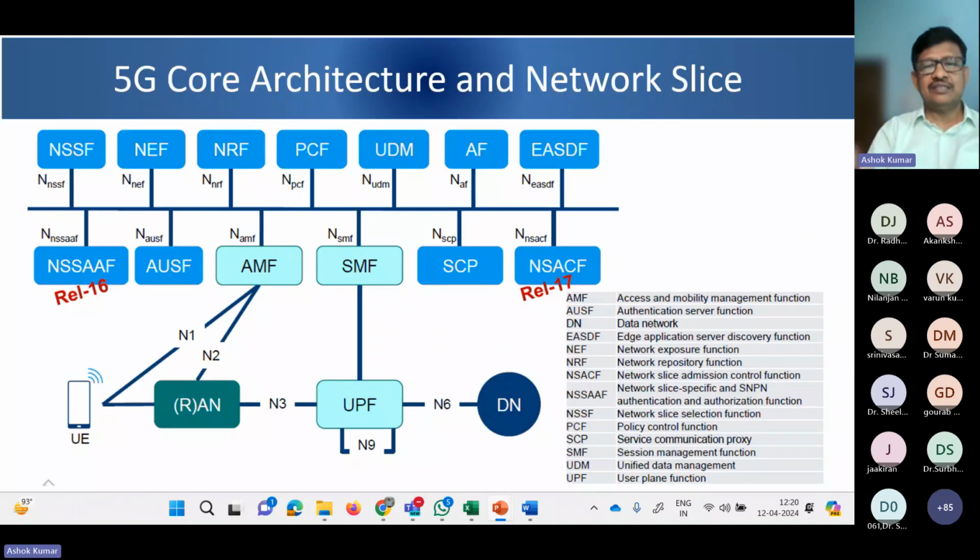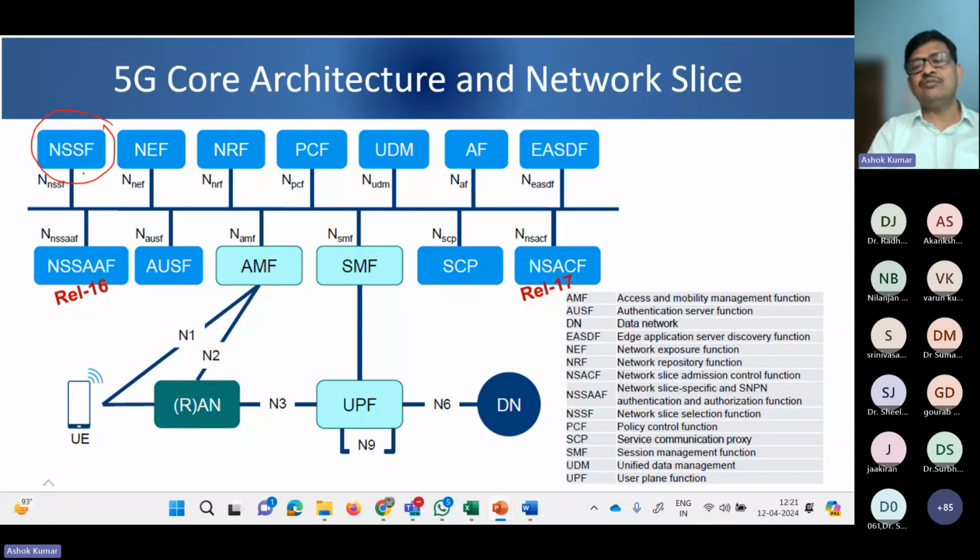Now let's look at which specific network functions support the network slice concept. In this picture we have seen that certain new network elements are added. If you recall, we had a network function called network... okay, let me ask you, what is this network function? Does any one of you remember this? Network slice selection function.